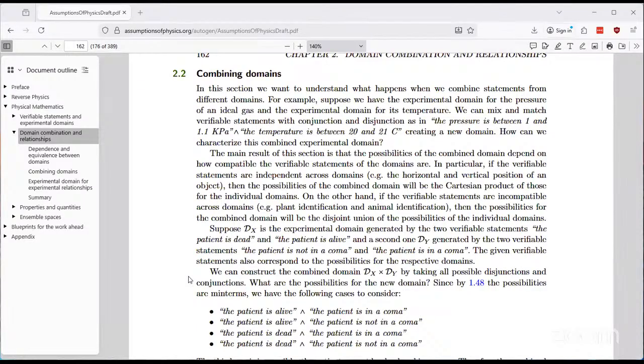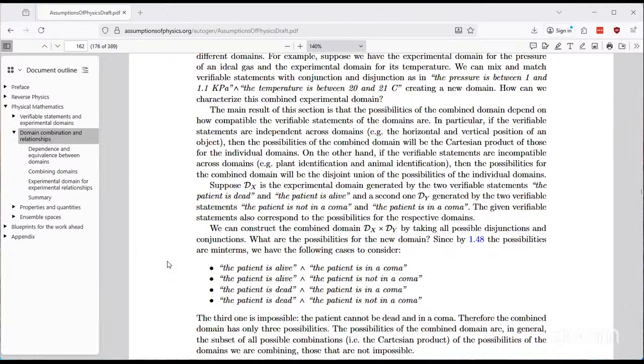On the other hand, if the verifiable statements are incompatible across domains, for example, plant identification and animal identification, then the possibilities for the combined domain will be the disjoint union of the possibilities of the individual domains. So like a product or a coproduct?